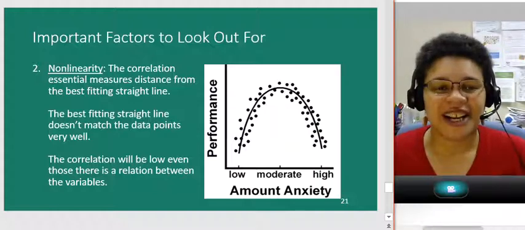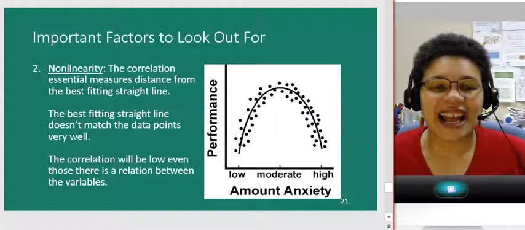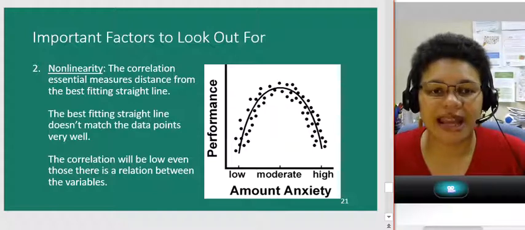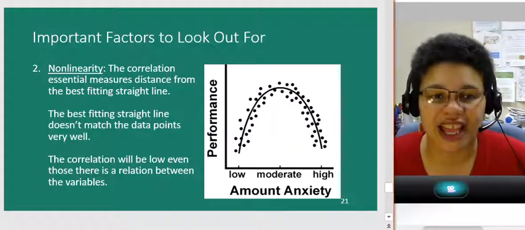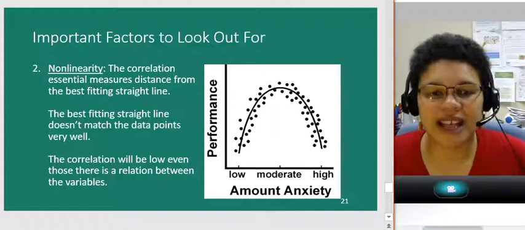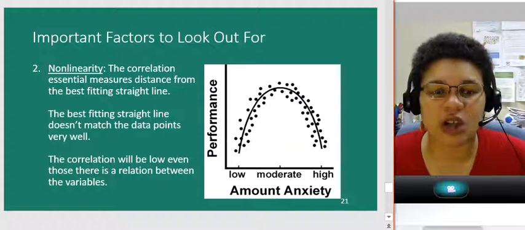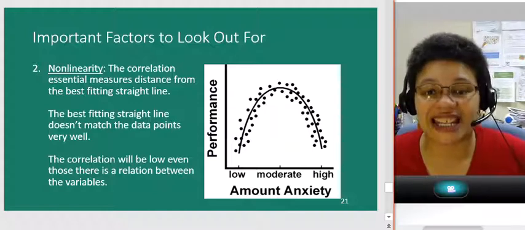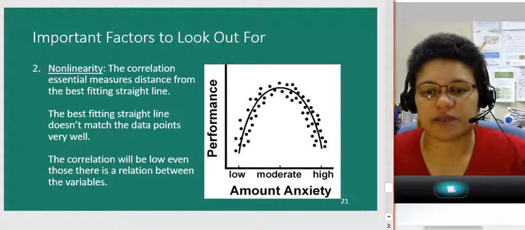Big problems. The correlation is supposed to measure the distance between a point and the best fitting straight line. But if the best fitting straight line doesn't match the data points well, the correlation will be low. There may still be a strong relationship between the two variables, but your correlation coefficient cannot identify that relationship.